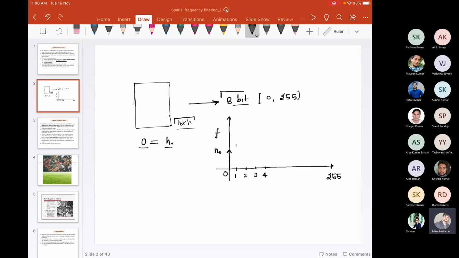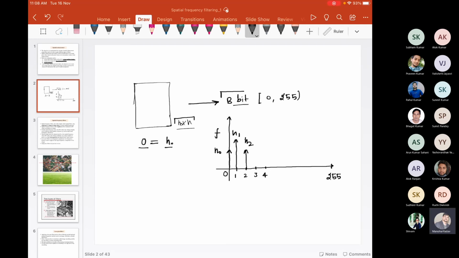Similarly for 1, let's say it is n1. Similarly, for digital number 2, the count is n2, and so on till 255. But you notice that in most images, the entire display range, the entire range of DN numbers, is not fully utilized.